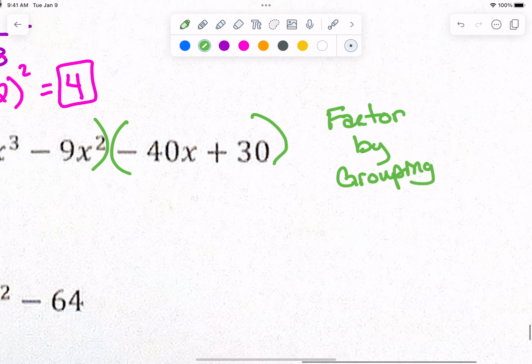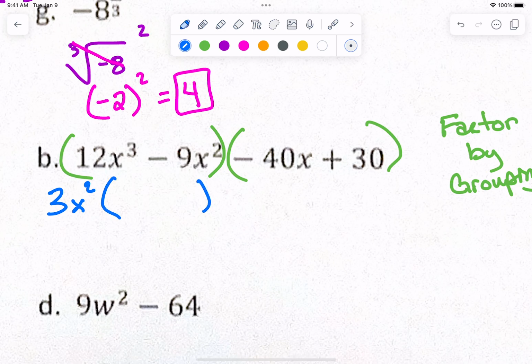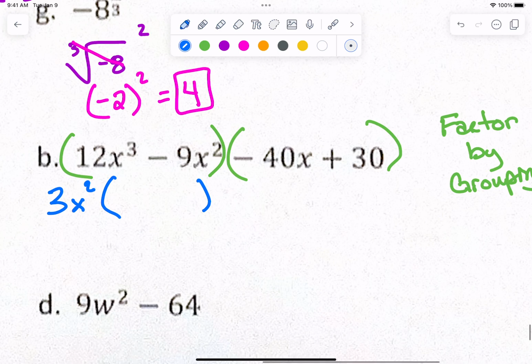Okay. All right. Take, what do you say out of the front? A 3x squared. 3 and X squared, right? 3x squared. Okay. All right. If you take a 3x squared out of 12x cubed, you're left with 4x, right? And then minus 3x squared out of 9x squared, 3. Okay.